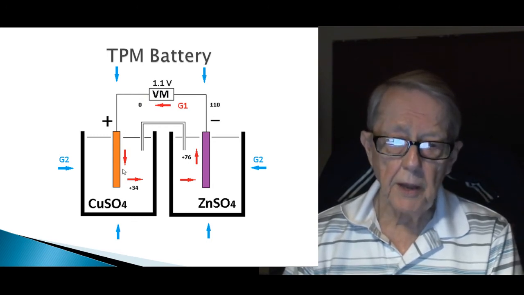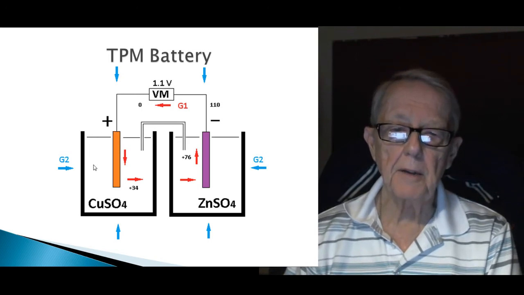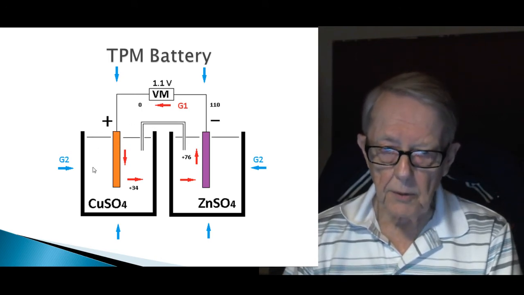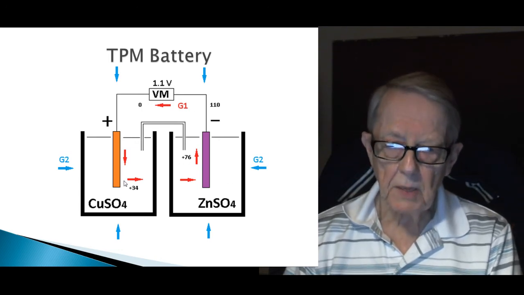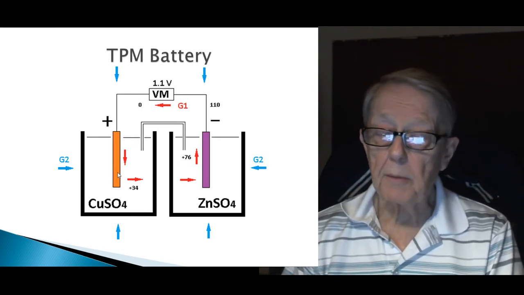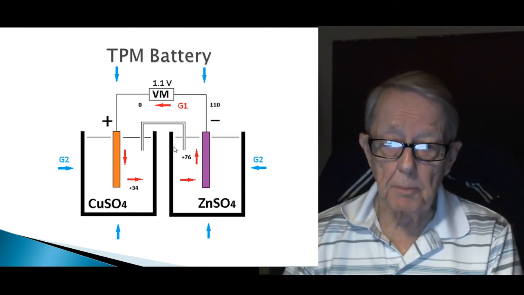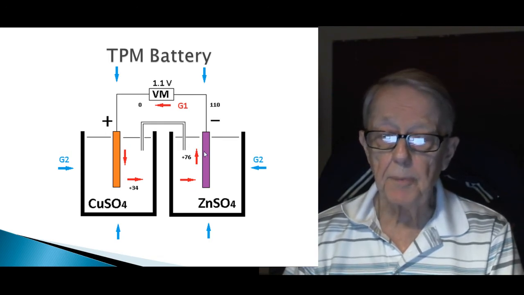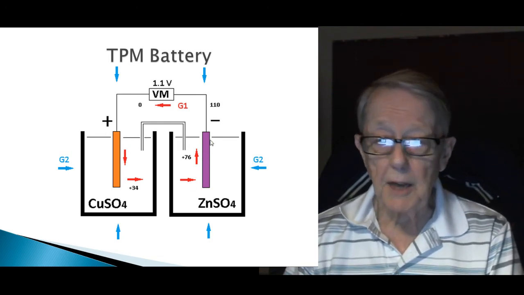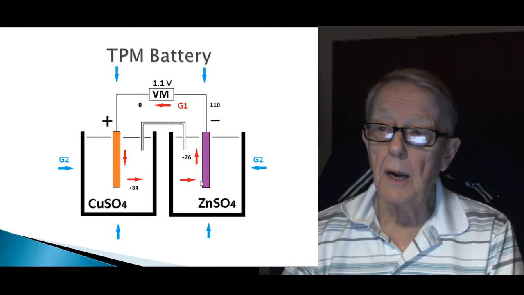So it can do that, but it's probably assisted by the fact that there's a magnetic field around this electrode and this electrode. Which way that magnetic field goes is still part of this up and down business, which isn't determined. This battery has got to find this configuration somehow.